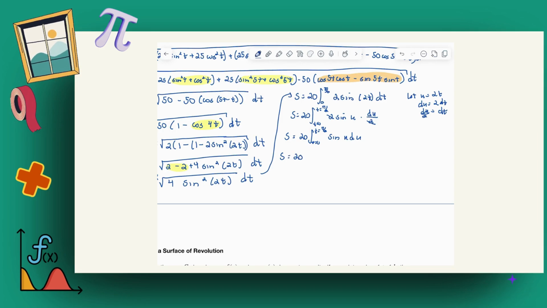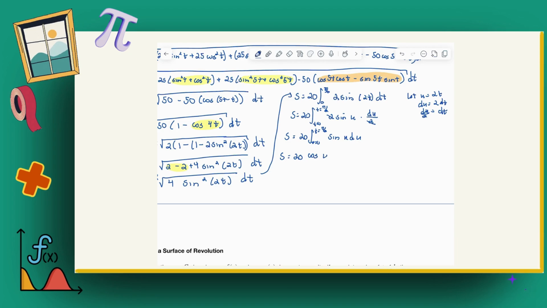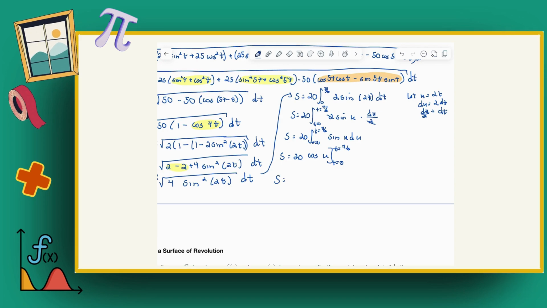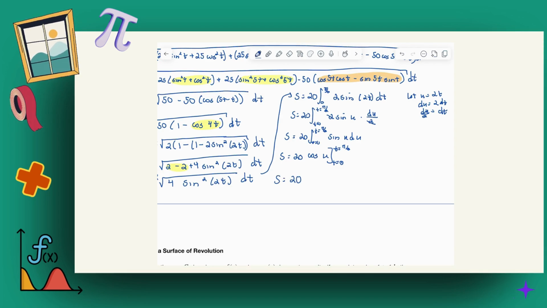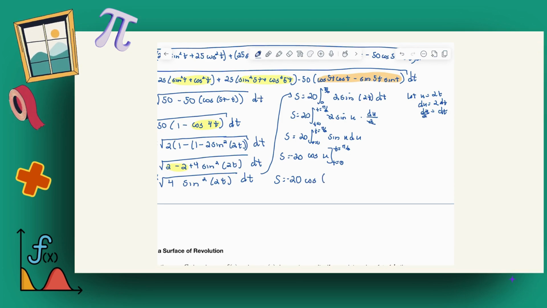Doing the integral of that, the integral of sine is negative cosine, so I have negative 20 cosine of u, evaluated from t equals 0 to t equals pi over 2. Going back to my t variable, I have the arc length is equal to negative 20 cosine of 2t, evaluated from 0 to pi over 2. Substituting in pi over 2 in place of t, I get negative 20 cosine of pi.